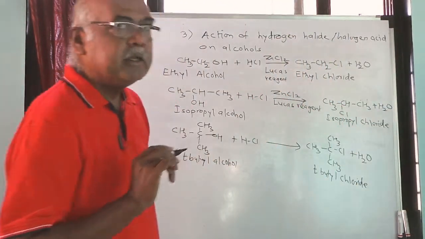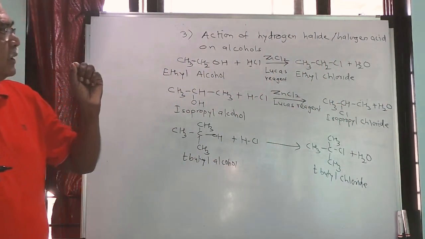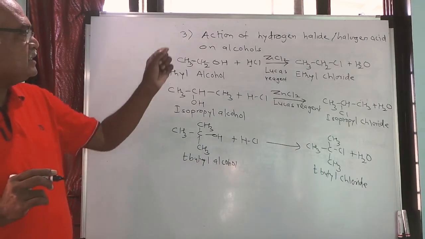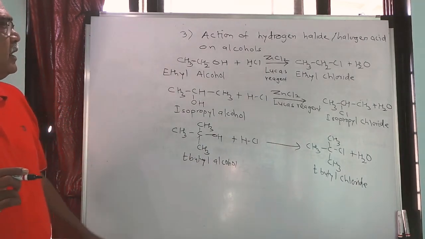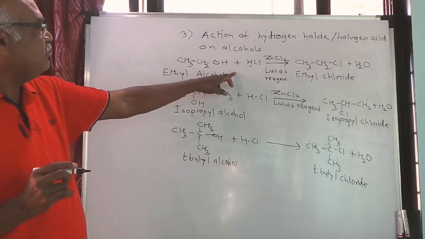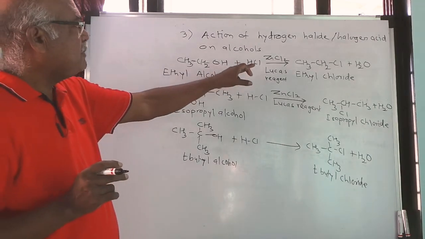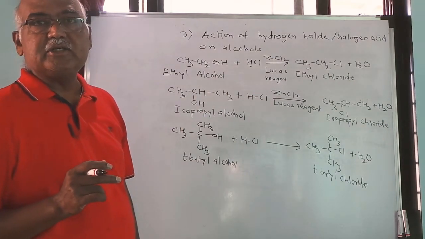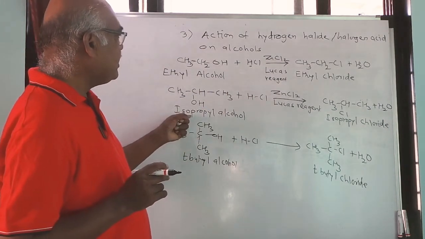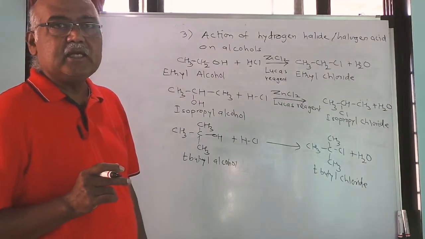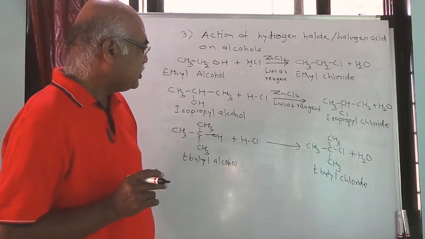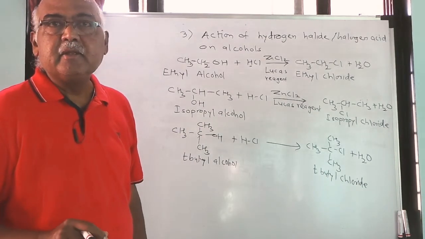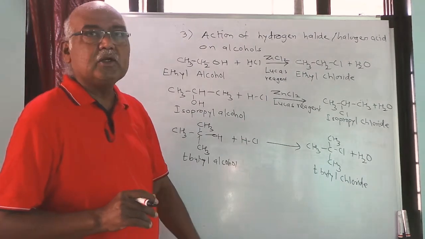Now if you carefully look at these three reactions, you will find that while writing the reaction with ethyl alcohol, I have specifically mentioned ZnCl2 and said Lucas reagent. In the isopropyl alcohol, again I have written ZnCl2. But in tertiary alcohol, I have written nothing. That means I have not written ZnCl2.